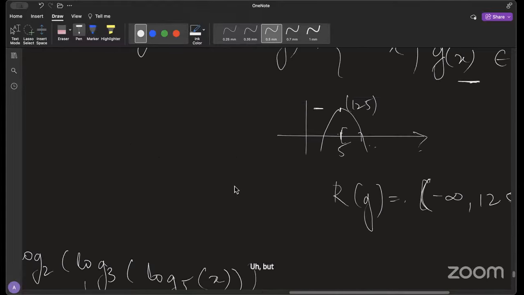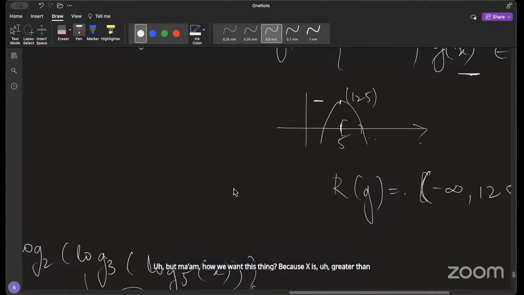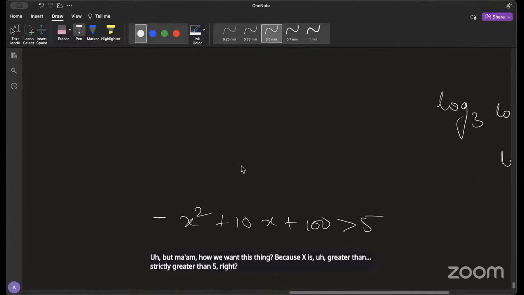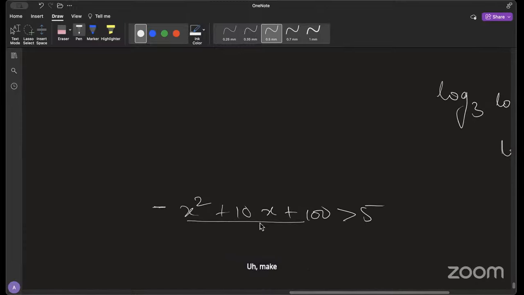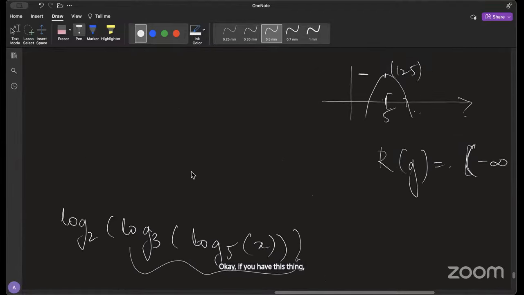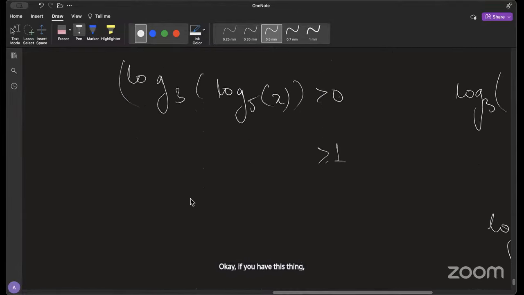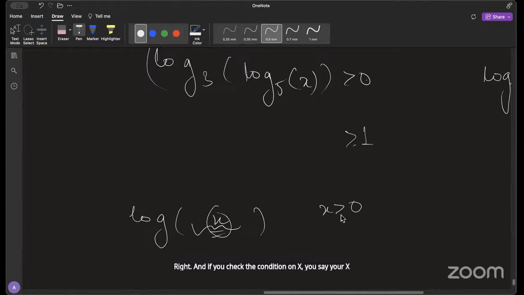But ma'am, how do we want this thing? Because x is strictly greater than 5, right? But how can we make this inequality? Okay. If you have log and then something here, and you check the condition on x, you say your x should be greater than 0.